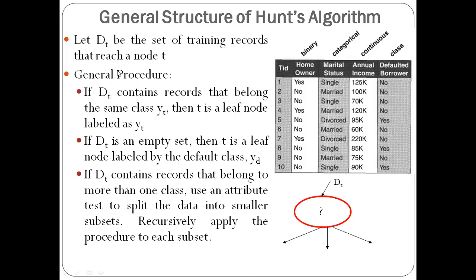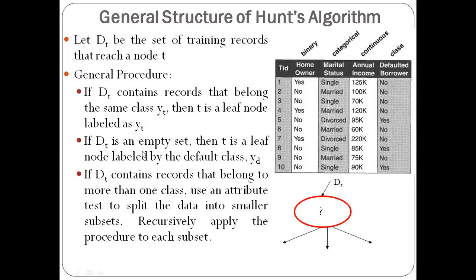So if Dt contains all records having the same class label, we assign that class label yt to the leaf node. And if Dt is empty, we create a leaf node and assign the default class label yd to this set of records.